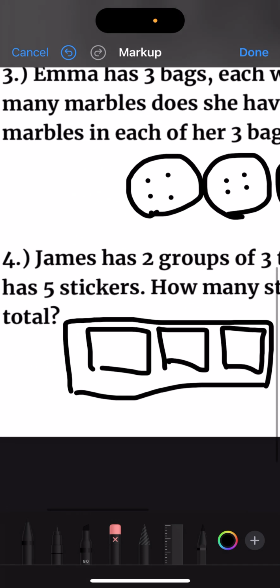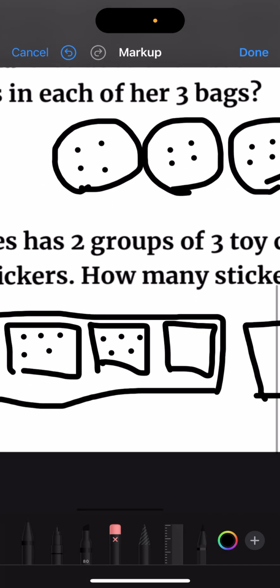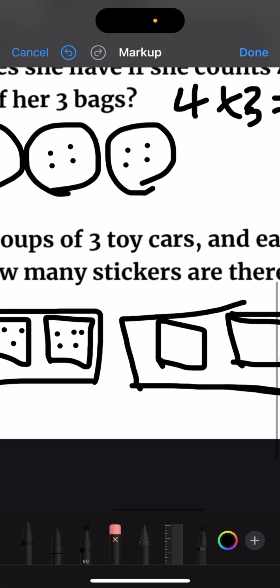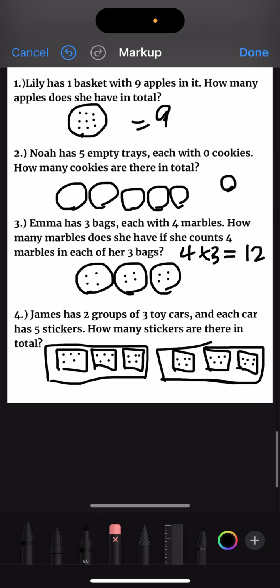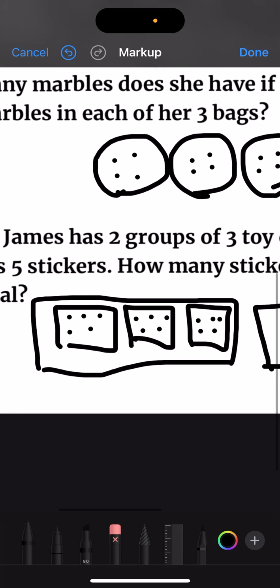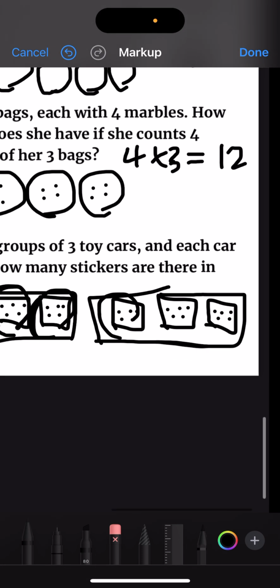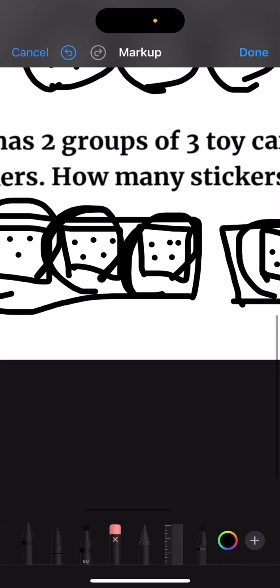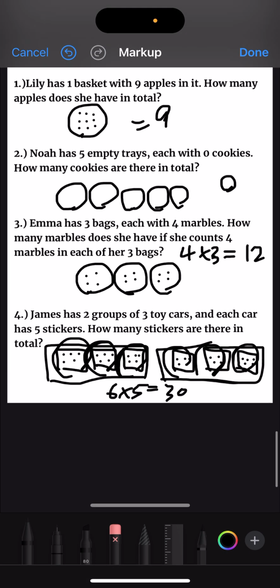In each of those toy cars, there are 5 stickers. Okay, how many stickers are there in total? We have 1 set of 5, 2, 3, 4, 5, 6. So that would be 6 times 5, which we get 30. So there are 30 stickers in total.